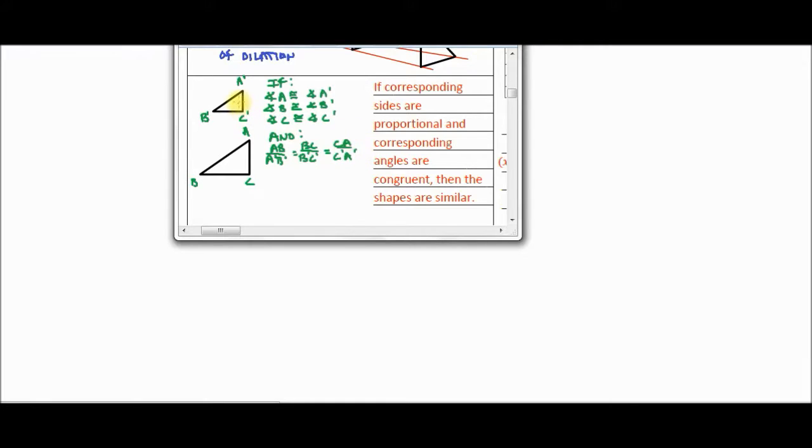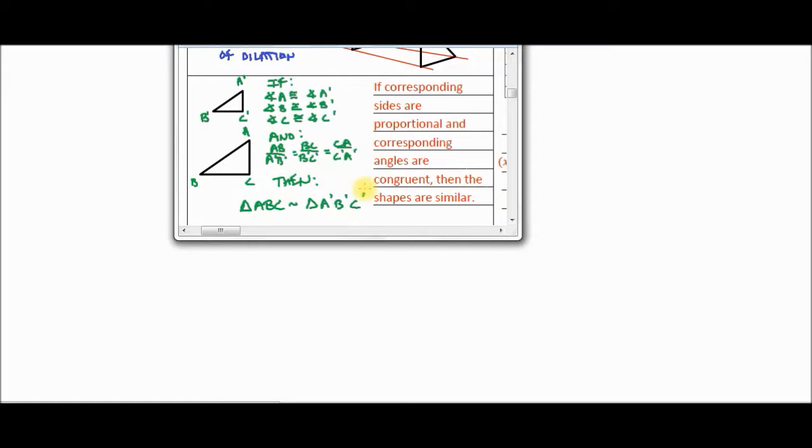That means they've all grown or shrunk by the exact same scale factor. If you can prove all the corresponding angles are congruent, and all of the corresponding sides are proportional, then you can say that triangle ABC must be similar to triangle A prime, B prime, C prime.